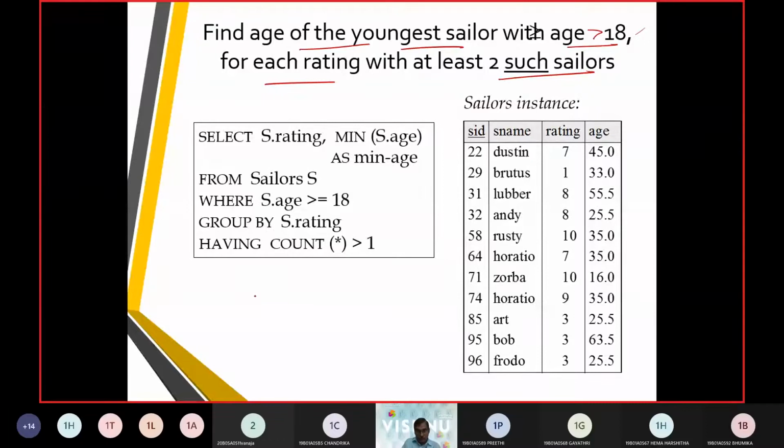I have a rating here, and the rating is between 1 and 10. Now I need to partition the ratings.